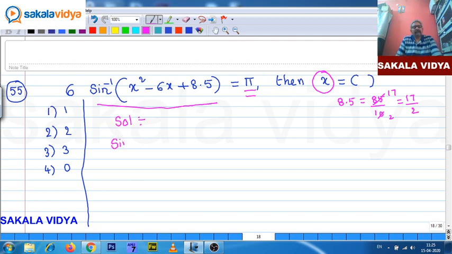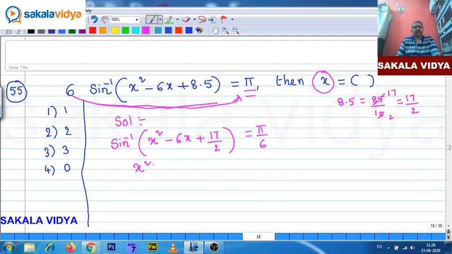sine inverse of x square minus 6x plus 17 upon 2 equal to pi by 6. Am I correct now? This 6 here, pi by 6.